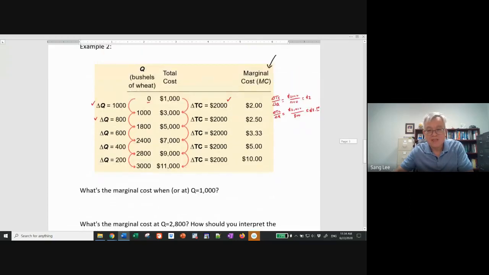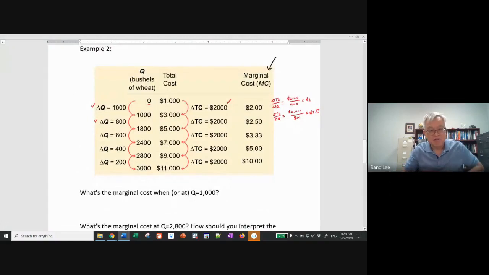Now, in this example, what's the marginal cost when you produce 1,000 bushels? At the quantity 1,000 here, what's the marginal cost? When you look at it, you always look at the previous level of output. The previous level of output was 0.